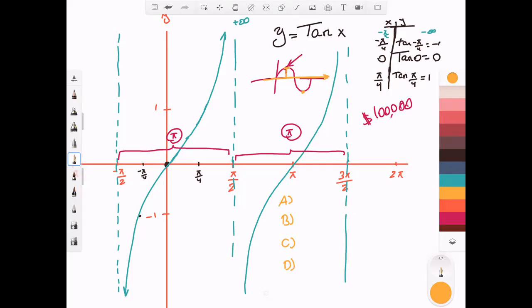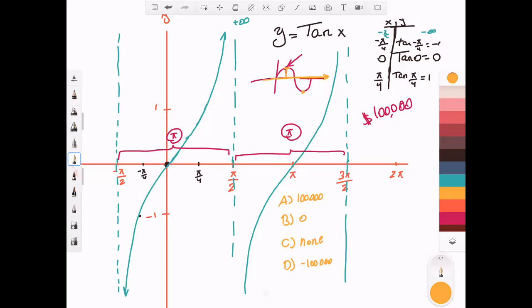A is 100,000. B is 0. C, there is none. D is negative 100,000. Which one do you guys pick? C. Karen, you said C? Yeah. Very good. Very good.